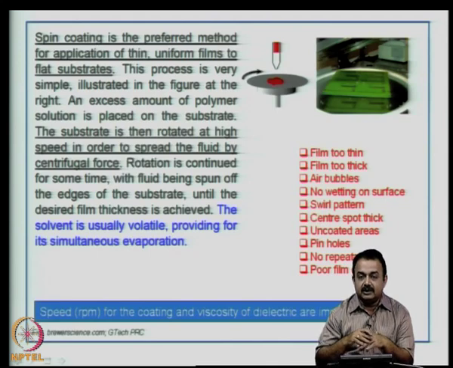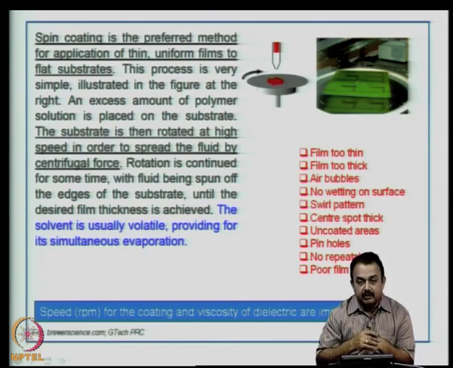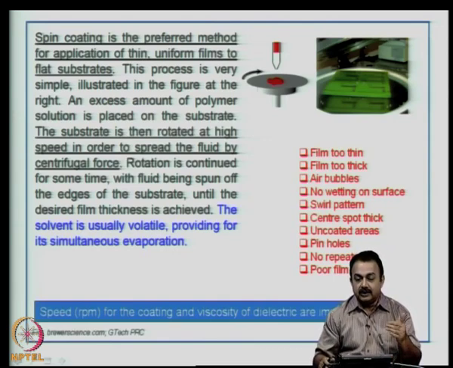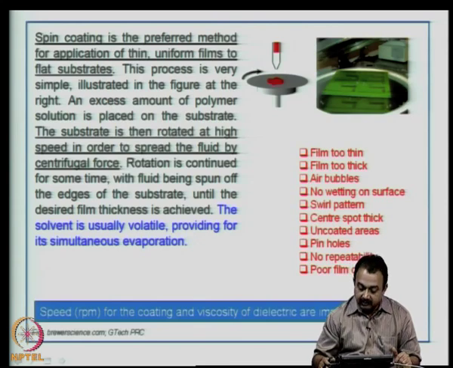So, you have to essentially leave that material for some time until all the air bubbles are removed. Only then you can start the spin coating process, because air bubbles can cause problems during the spin coating, and finally, it might end up with different thicknesses in those areas, which eventually will lead to poor imaging.